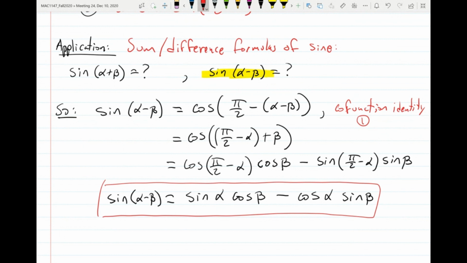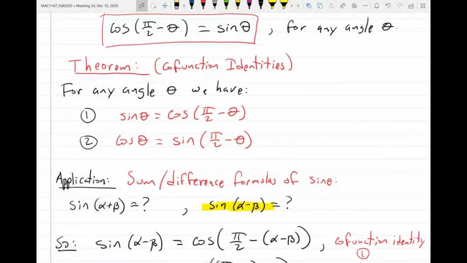Questions about this first identity? What happened to the pi over 2? We use the cofunction identities. You see the cofunction identity that says that if you have sine of pi over 2 minus theta, that's the same thing as saying cosine of theta.